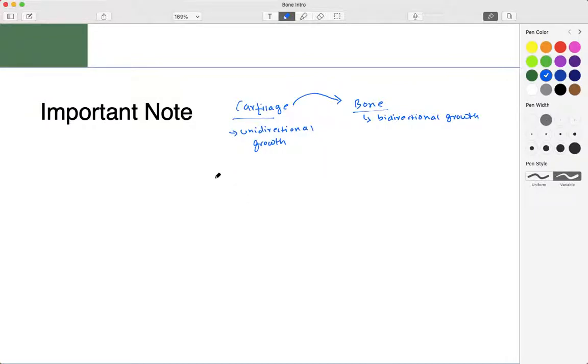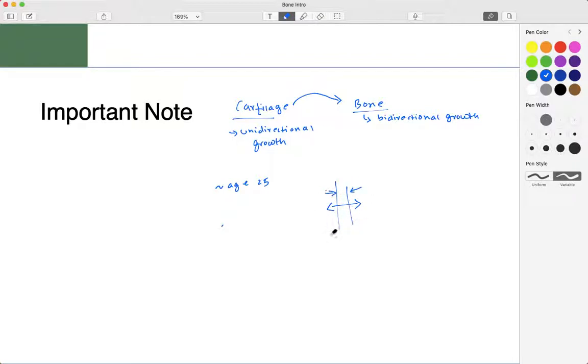Another thing you need to understand here is that bone growth continues until approximately age 25. If this is a bone, the thickness can change over time, it can decrease or increase. The thickness is changing all the time.